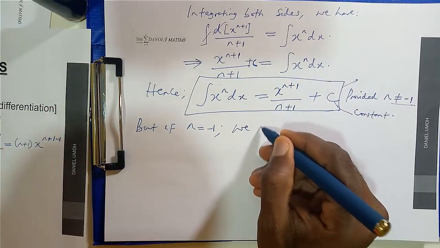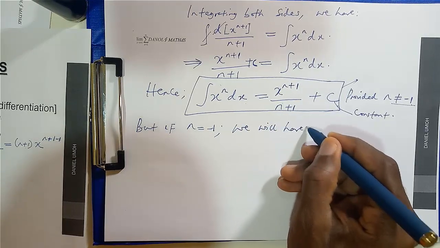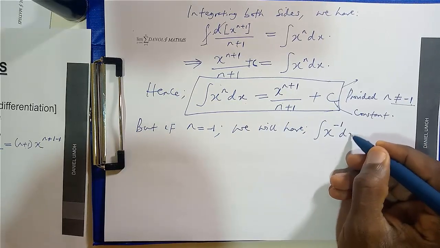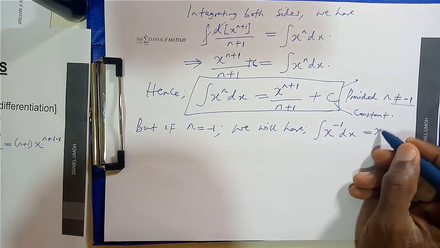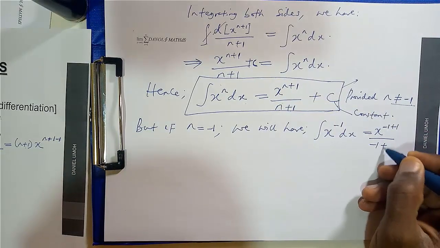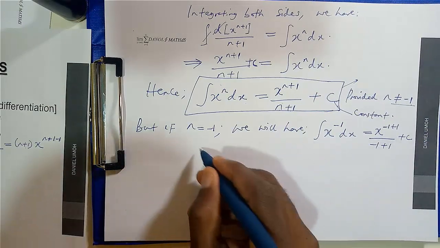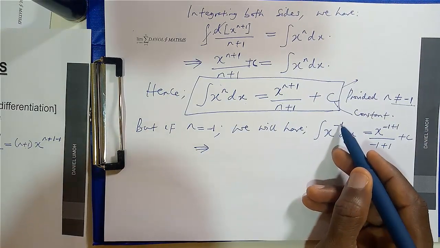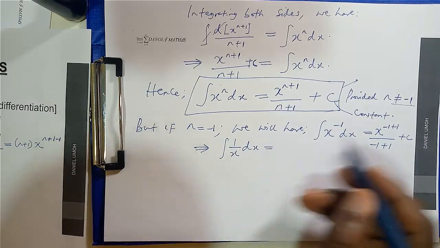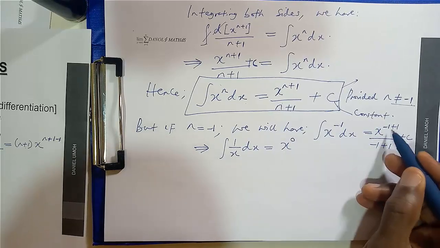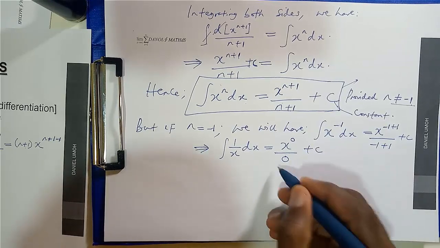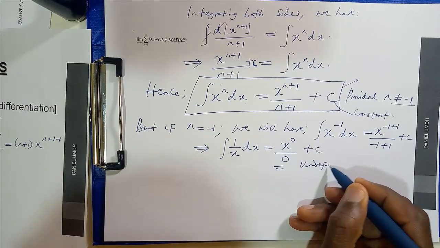We will have the integral of x raised to the power of minus 1 dx, and that will give us x raised to the power of minus 1 plus 1 over minus 1 plus 1 plus c. Of course, according to indices, x raised to the power of minus 1 is what? 1 over x dx equals x raised to the power of 0, since minus 1 plus 1 is 0, all over 0 plus c. And this gives us what? Undefined. So it is not defined.